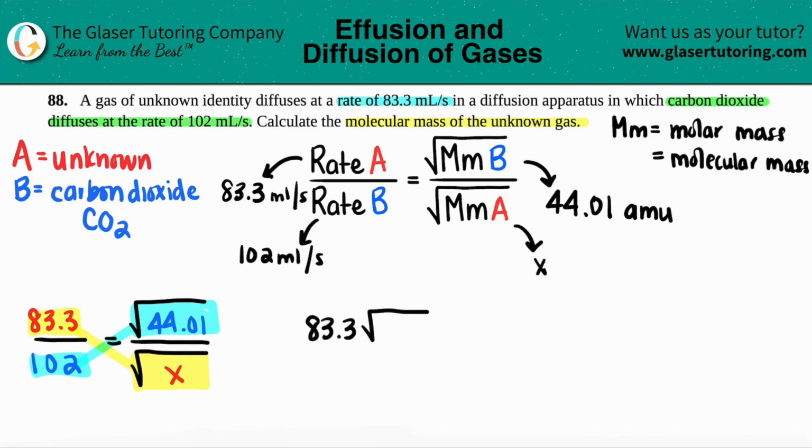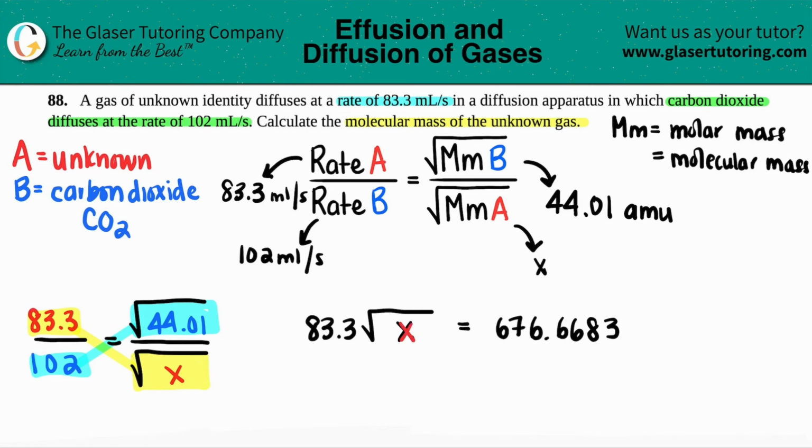So I got 83.3 times the square root of X equals, and I'm just going to do this part in the calculator, the square root of 44.01 times 102. At this stage, try not to round because we're not at the final answer yet. So I'll give this a few decimals: 676.6683. That's good enough. We still want to get X by itself.